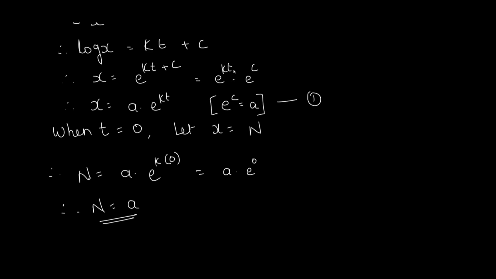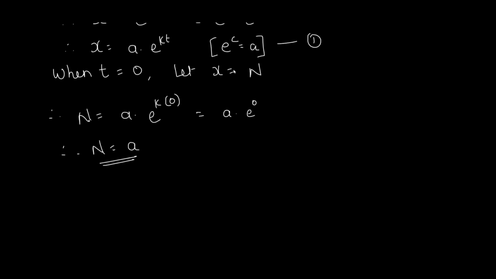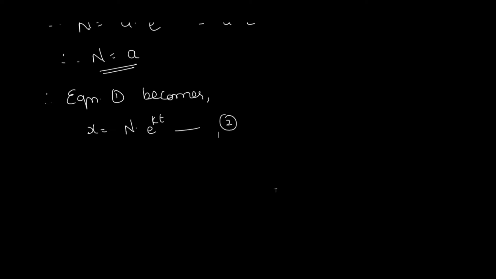Now therefore putting n is equal to a in equation 1, equation 1 becomes x is equal to, instead of a we put n, into e raised to kt. So suppose we number this as equation 2. Now according to the condition given, in 4 hours, you must have read the question, they have given that the number of bacteria becomes double the number of bacteria which was present earlier. So that means when t is equal to 4, x is equal to 2n. X becomes double.